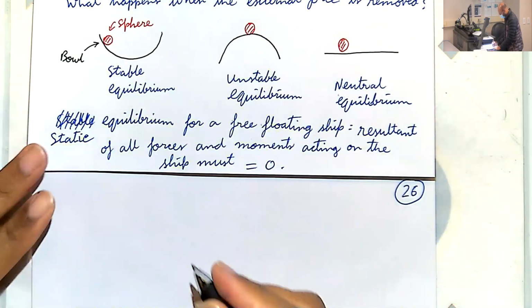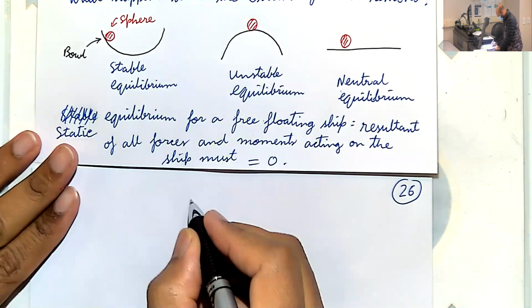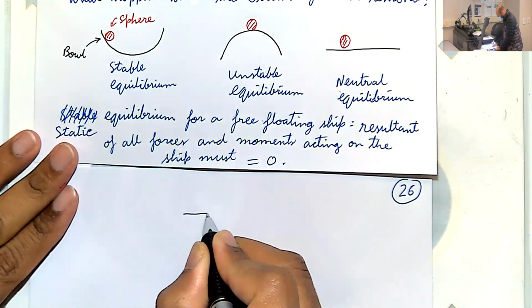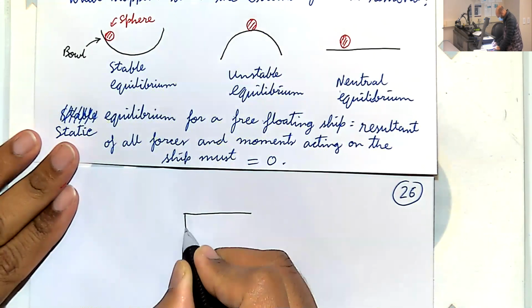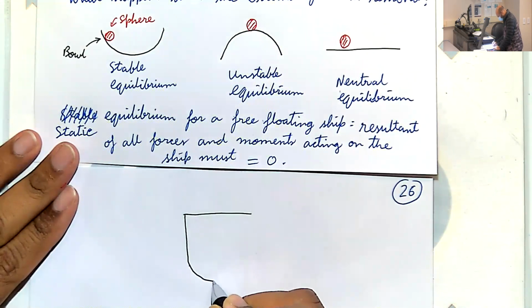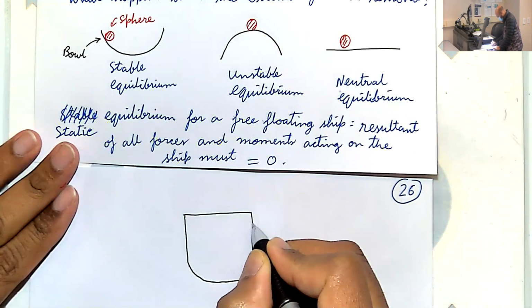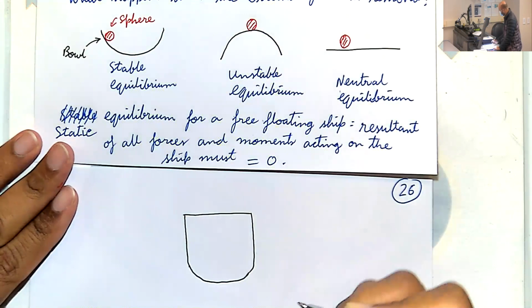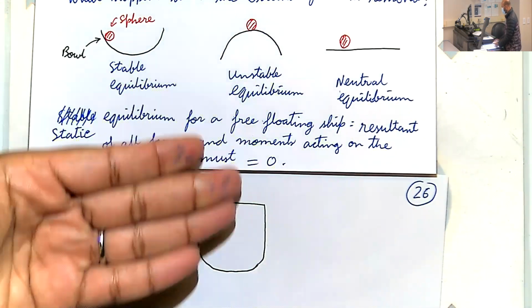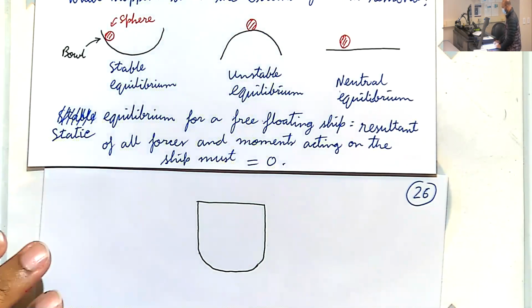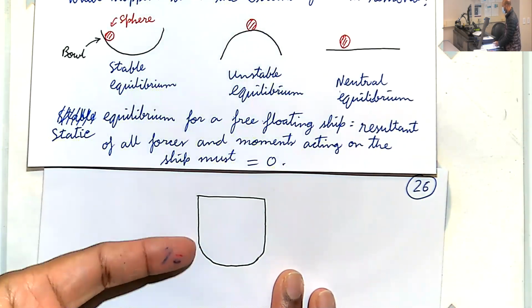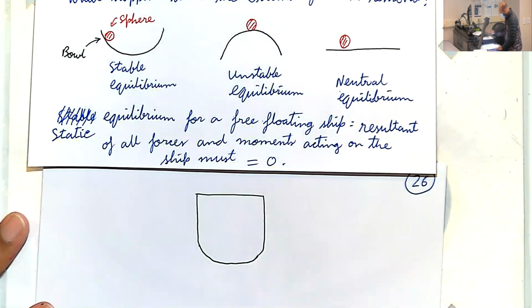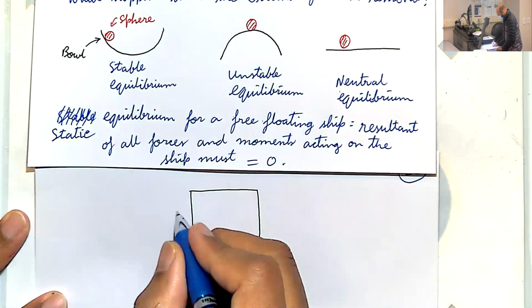So let's draw a front section. This is just a very simple shape that represents a cross section of the ship as one of the stations, okay? And here we have the water line.